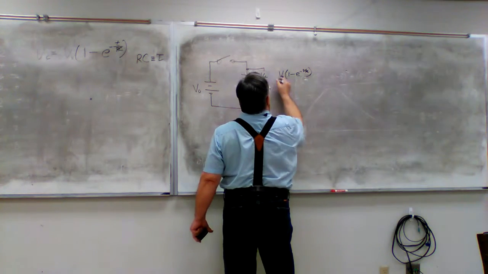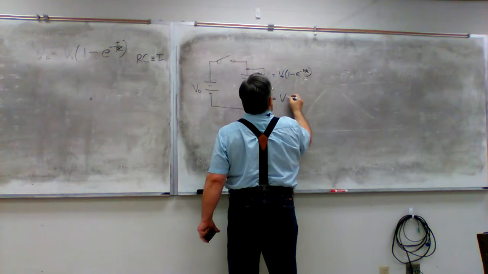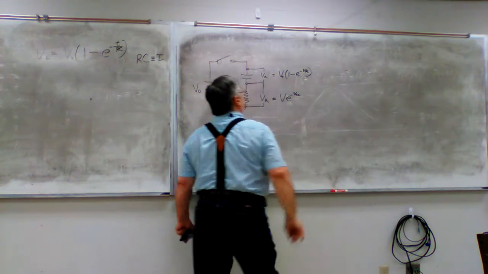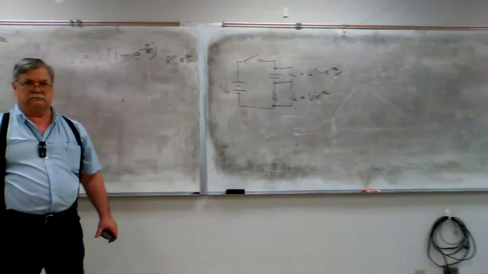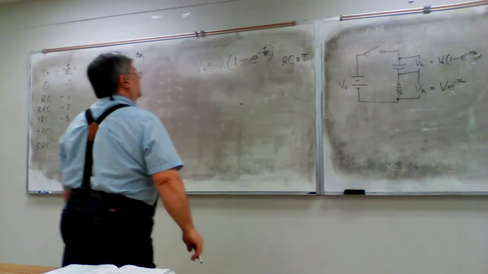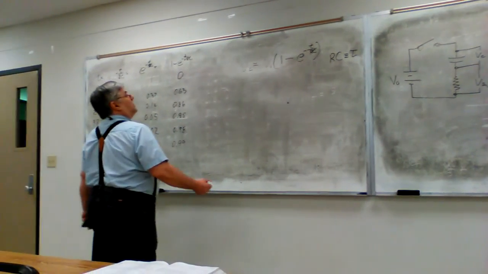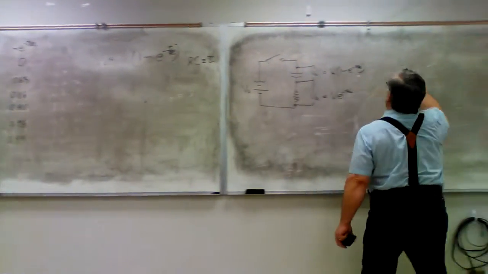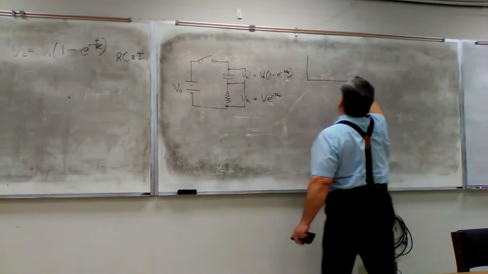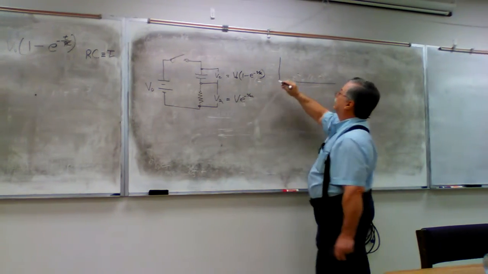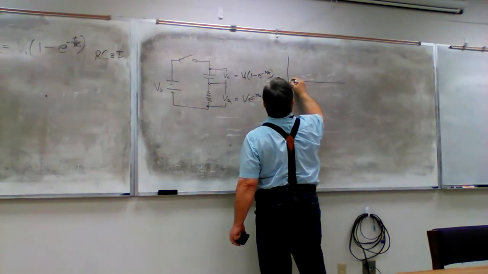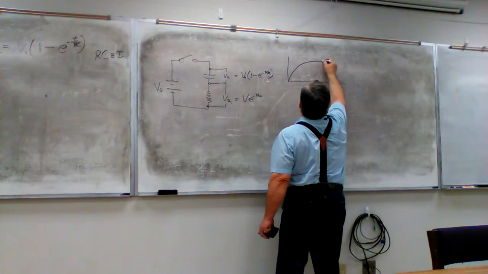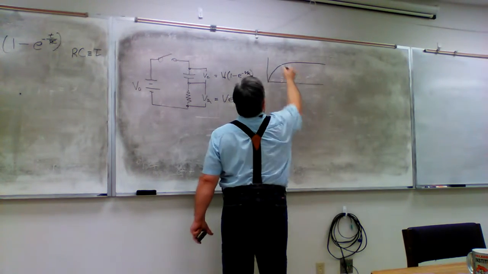And the voltage across the resistor is V sub naught times e to the minus t over RC. So at t equals 0, the voltage across the capacitor starts off at 0 and goes up like that.